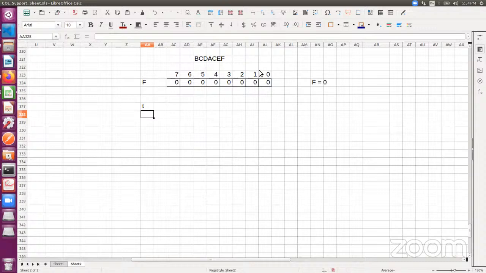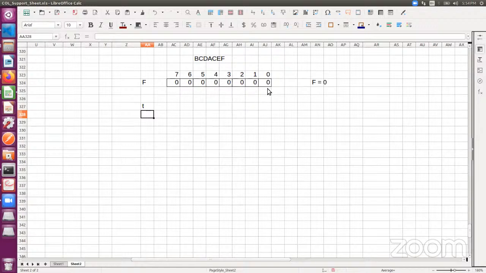So which bit corresponds to b? Starting from 0, 0 corresponds to a, 1 corresponds to b, 2 corresponds to c, and it goes on like that.